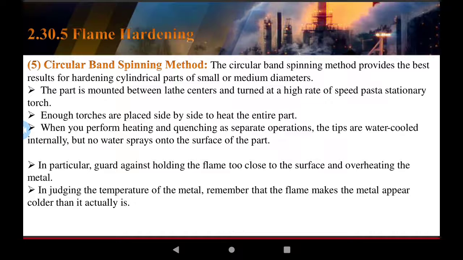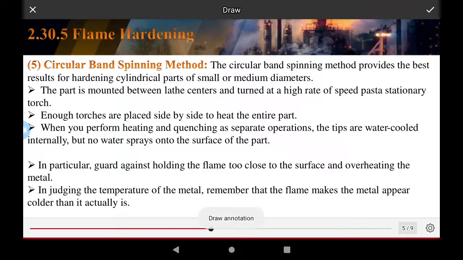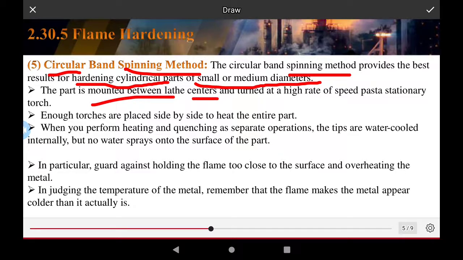Continuing flame hardening, the circular band spinning method. The circular band spinning method provides the best results for hardening cylindrical parts of small to medium diameters. The part is mounted between lathe centers and turned at a high rate of speed past the stationary torch. Torches are placed side by side to heat the entire part.